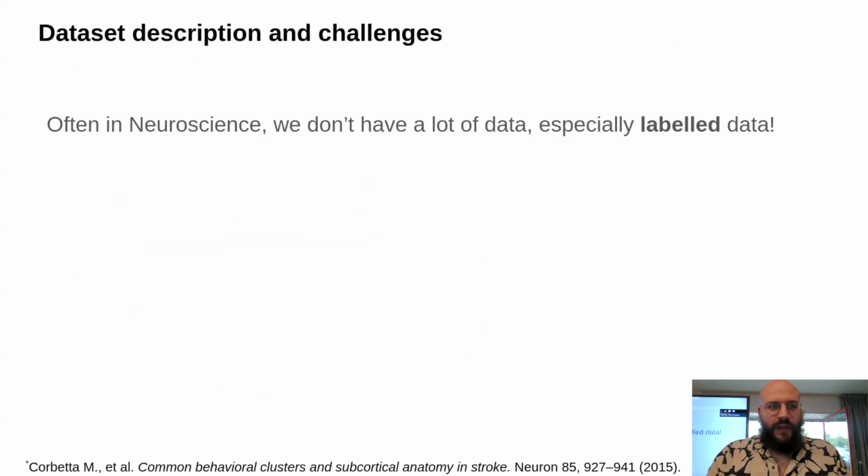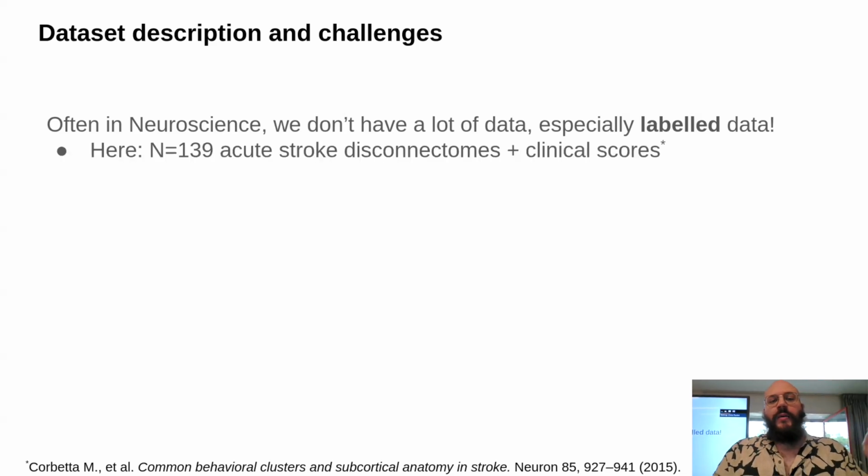And yes, one problem that we often have in neuroscience is that we don't have a lot of labeled data. And in the case of the DSD, so that was the same data set, only 139 disconnectomes are associated with clinical scores.